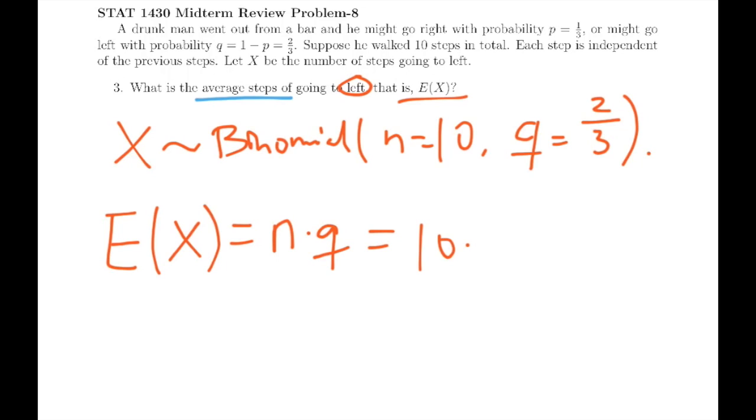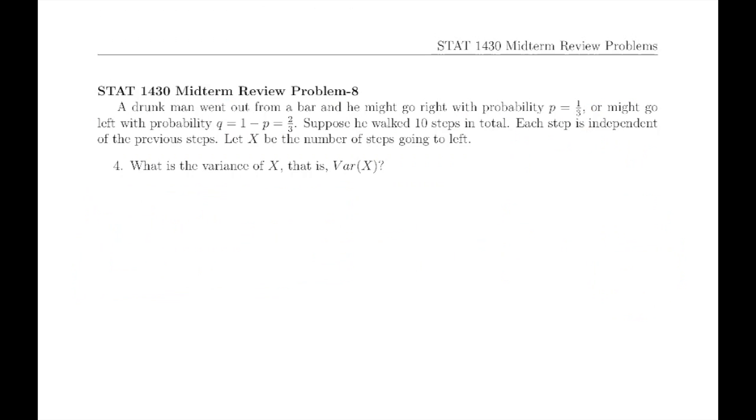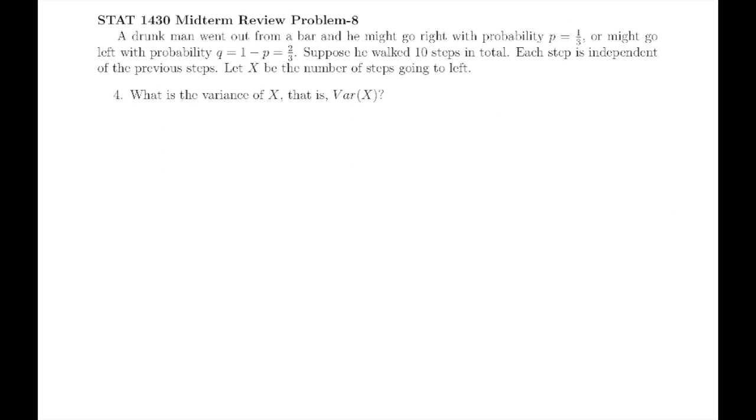If we plug in the numbers, we have 10 times 2/3 times 1 minus 2/3, which is 1/3, and the result is 20 over 9. So the variance is another formula you have to know for your exam. This only works for the binomial distribution.